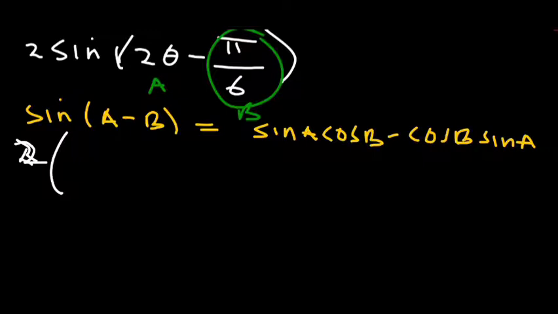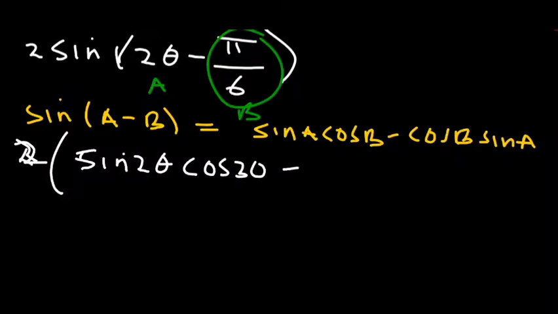Sine A, what is our A? Our A is 2 theta. So we say sine 2 theta times cos B. What is our B? Our B is 30 degrees. Then minus cos B. What is our cos B? So now, sorry, I made a mistake there. I made a mistake in the formula. I'm sorry about that.